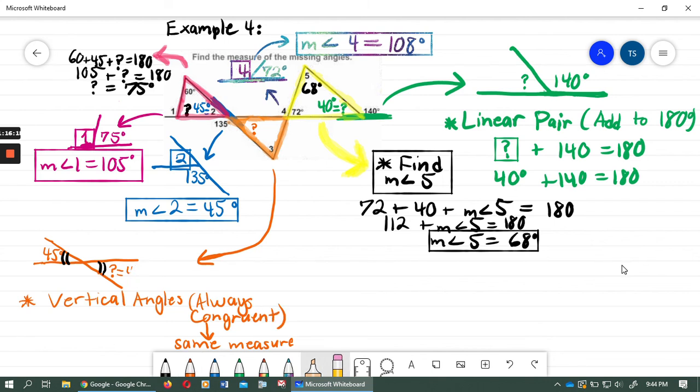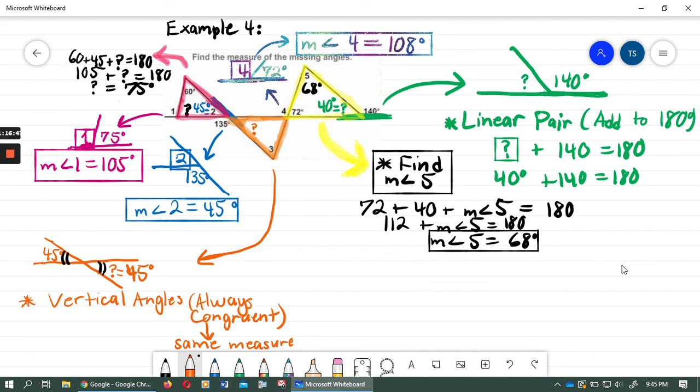And this isn't the only other thing that we need to find too. Wow, that is so sloppy, but I think you all can read that. 45 degrees. All right, cool. So this angle measurement here has to be 45 degrees, and we needed to know that. I'm gonna try not to take up too much space with that right there.